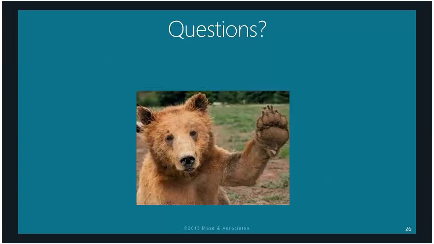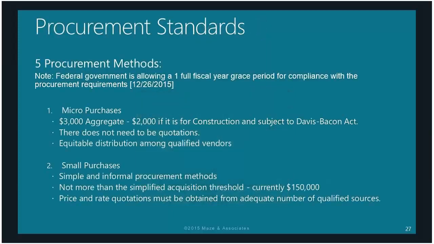Okay, thanks, Mark. Okay, so procurement standards, I'll go over this quickly. The uniform guidance has now emphasized the implementation of the 5 procurement methods. Please keep in mind that the federal government is also allowing one full fiscal year grace period for compliance for these methods, up until December 26, 2015.